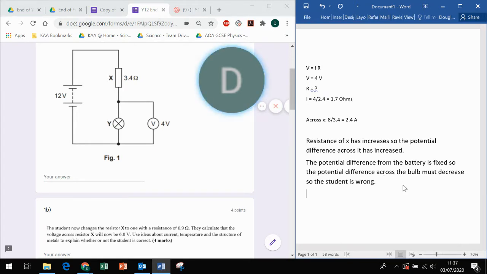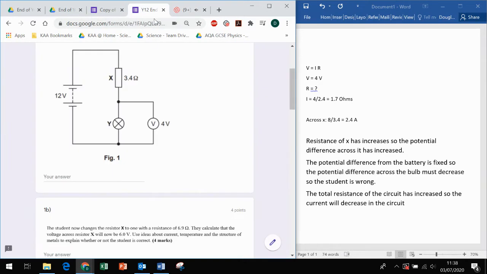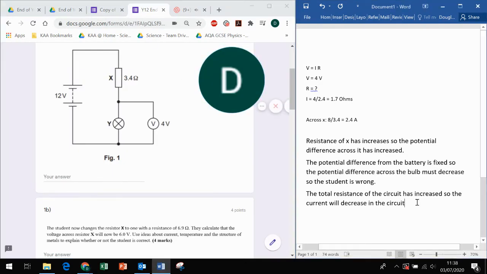The total resistance of the circuit has increased, so the current will decrease in the circuit.